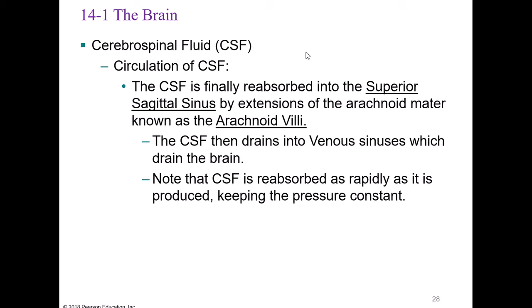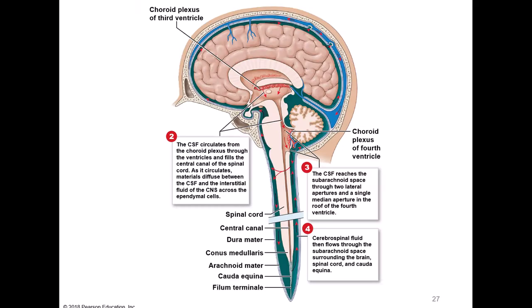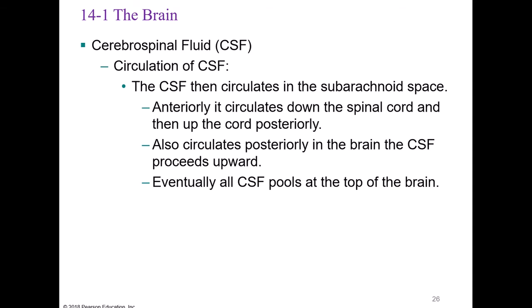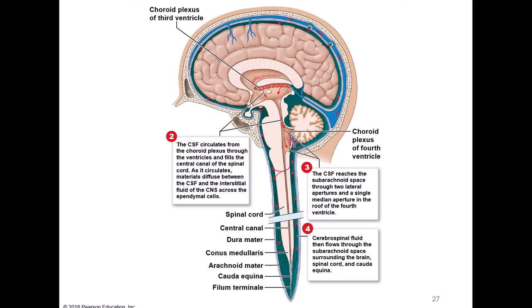So let's take a look here. Let me just make sure we got everything. So the cerebrospinal fluid, just to go back to the note, circulates in the subarachnoid space. Like I said before, it goes down the front of the spinal cord and then comes up the spinal cord posteriorly, and then everything is going to proceed up to the top of the brain, right? Where the CSF is going to pool at the top of the brain.